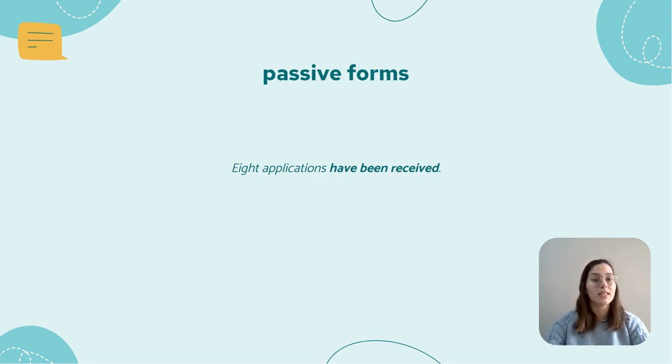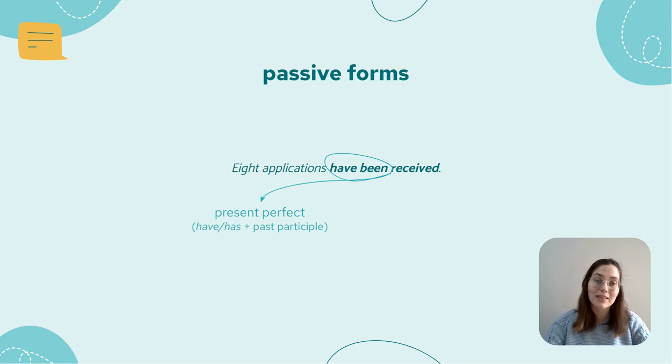Eight applications have been received. If we take a look at the elements, we find, on the one hand, have been, and we immediately spot that the combination of the auxiliary have or has with the past participle results in the present perfect. But that's not the end.